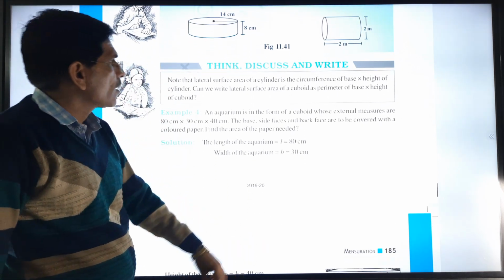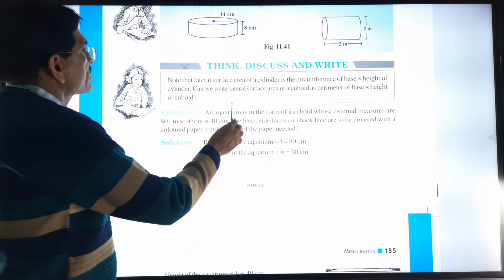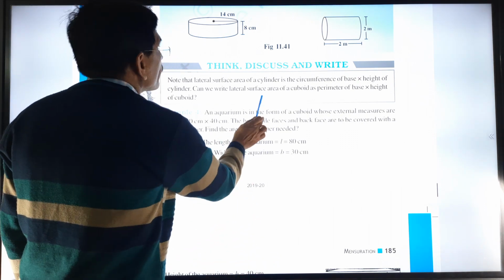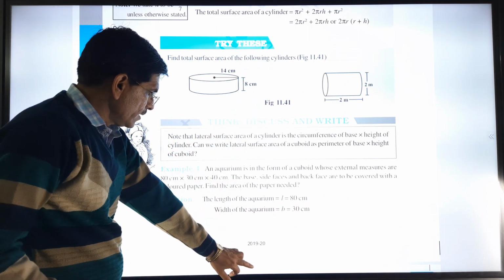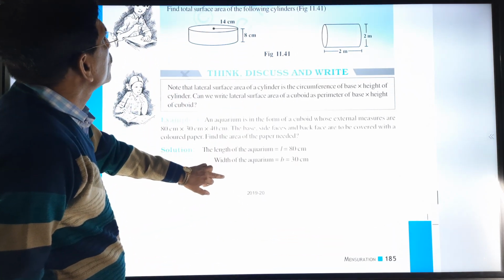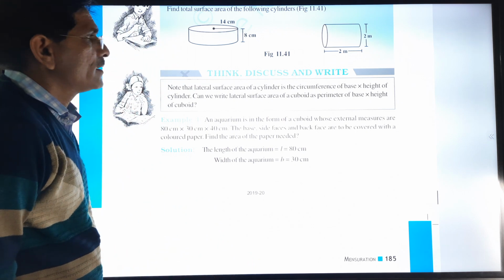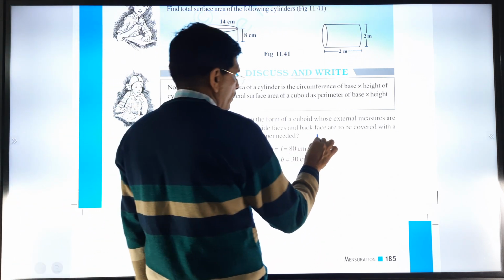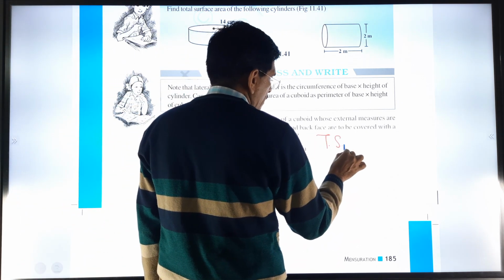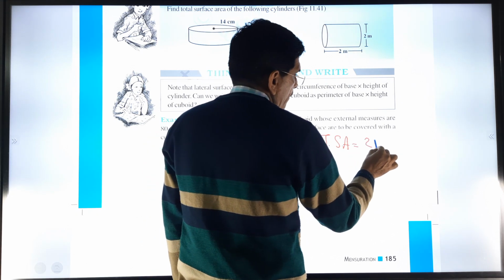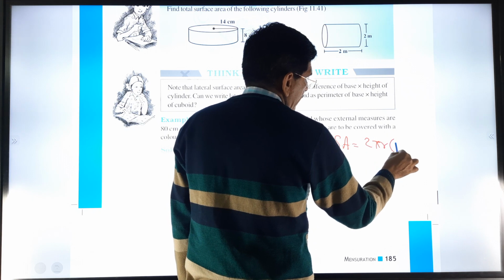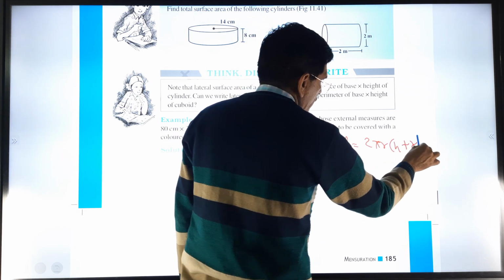Now give me the answer. The question is to find the total surface area of the cylinder. Does anyone know the formula for total surface area? Total surface area formula is 2 pi r, in bracket h plus r.